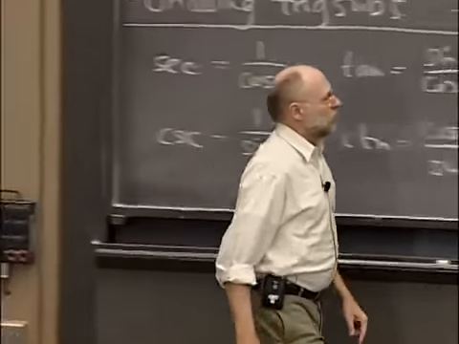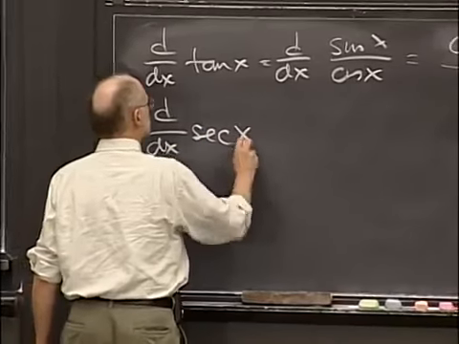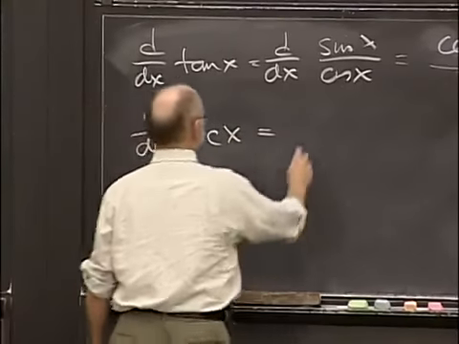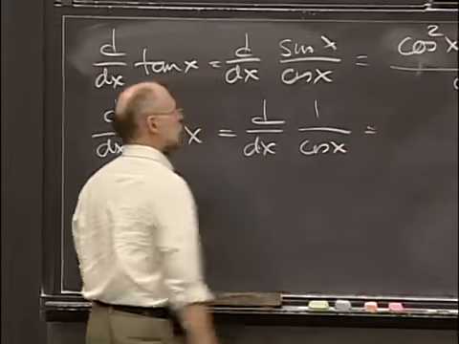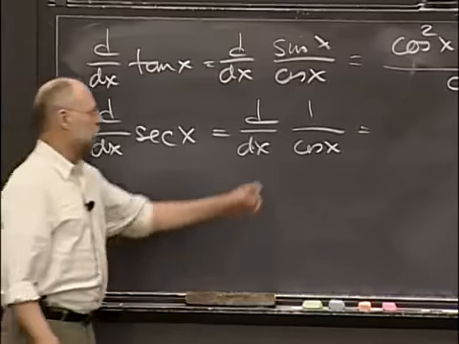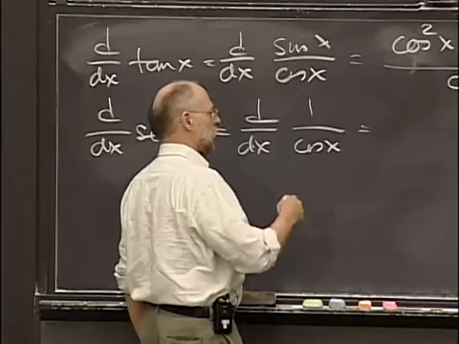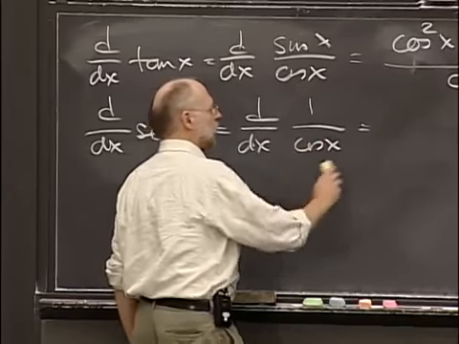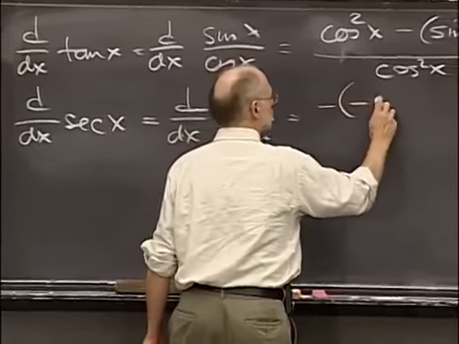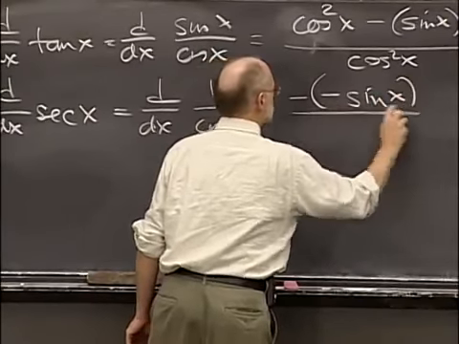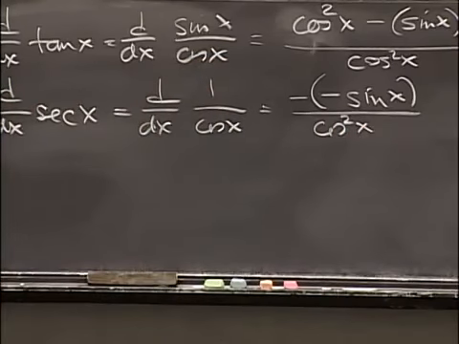Well, let's just do the second one as well. If I want to differentiate the secant, that's d/dx of 1 over the cosine. And again, I have a quotient. This one's a little easier because the numerator is so simple. I take the derivative of the numerator, which is 0, and then I take minus the numerator times the derivative of the denominator, which is minus the sine of x, and put all that over the square of the same denominator.